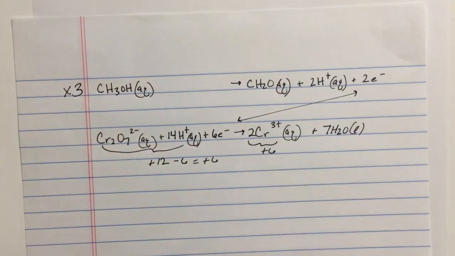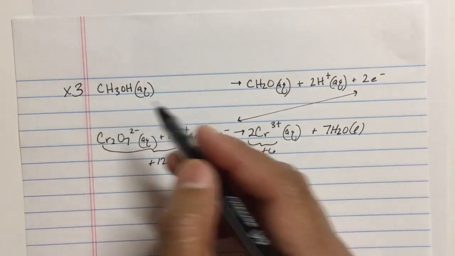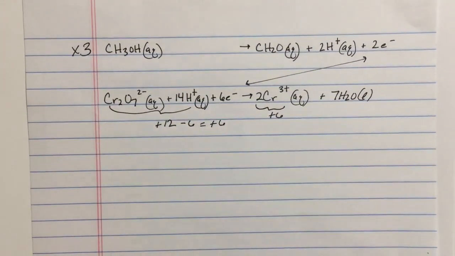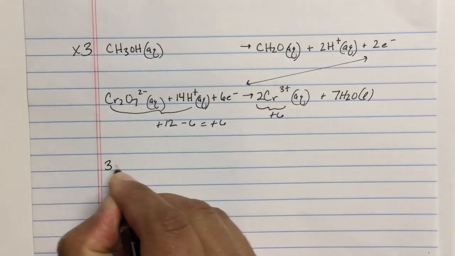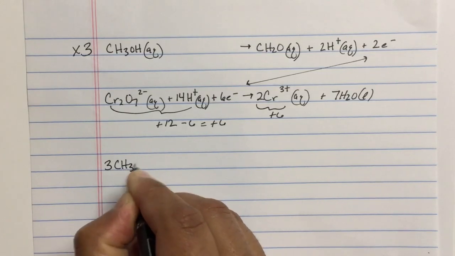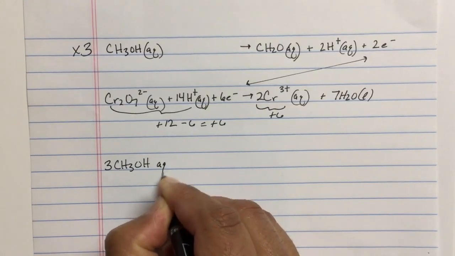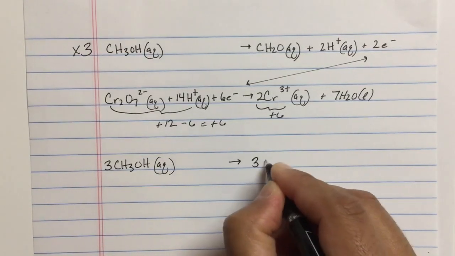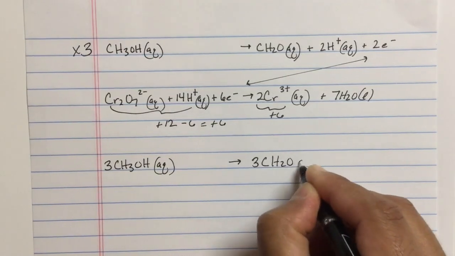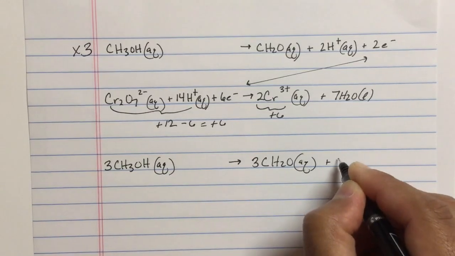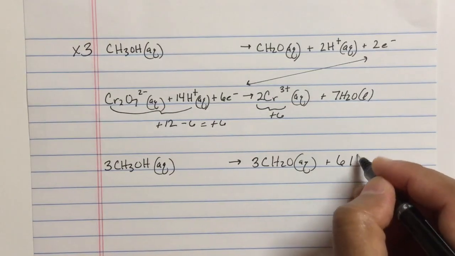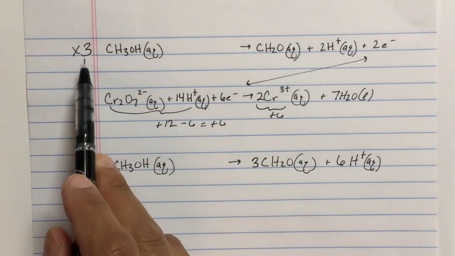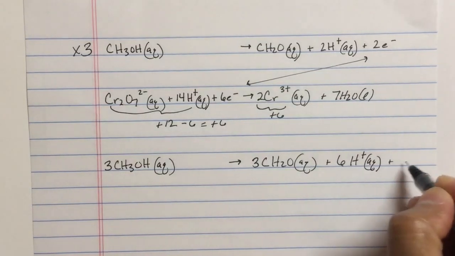So let me do that down here just to clean this up a little bit. Or let me rewrite everything. 3 methanol (3 CH2O), 6 hydrogen, and the 6 electrons.